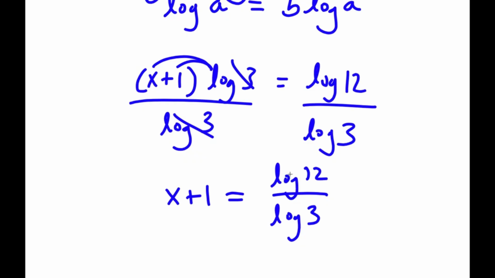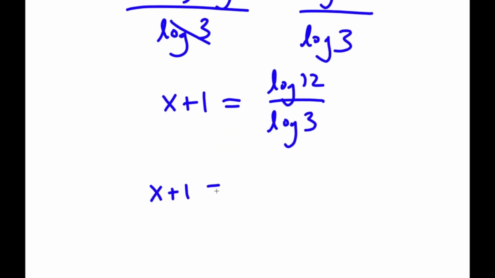So now I'm going to go ahead and find the value of log 12 over log 3. So log 12, you could just simply plug this into a calculator. The value of log 12 is approximately 1.079. And log 3, you could also put that into a calculator, that's going to be 0.477.